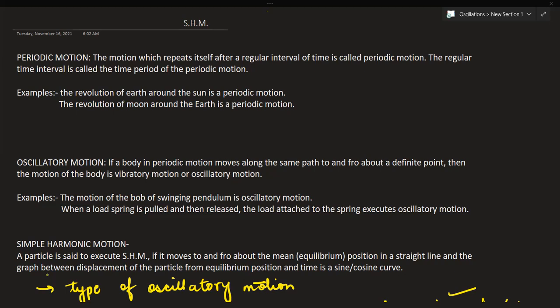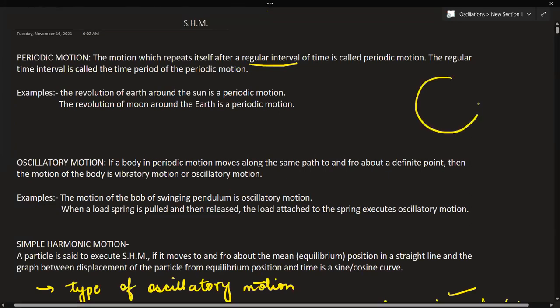First is periodic motion. The motion which repeats itself after a regular interval of time is called periodic motion. The regular time interval is called the time period of the periodic motion. For example, the rotation of Earth on its axis.